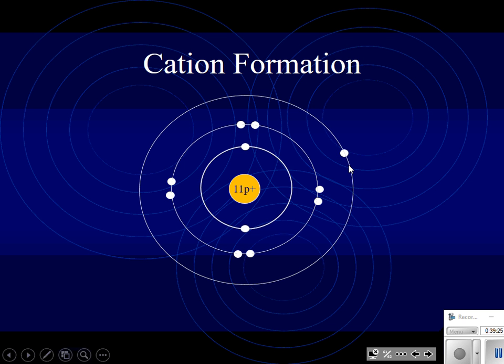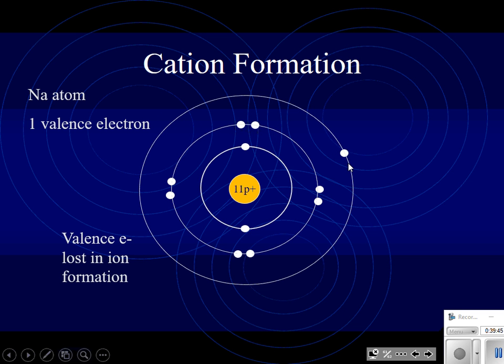In order to fill the outermost shell, to achieve the octet, it's easiest for sodium just to dump that one guy right there, to give it away. So when he gives away that one valence electron, there we go. There goes the shell.